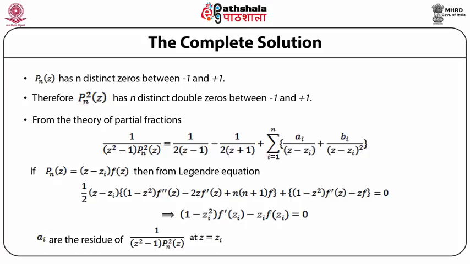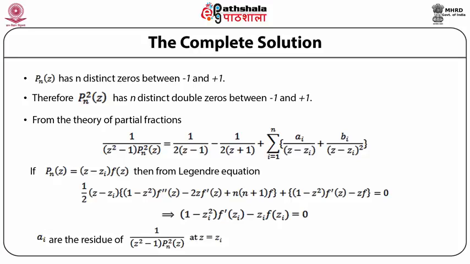If we substitute this in the Legendre differential equation, we find that f of z satisfies the equation 1 by 2 multiplied by (z minus zi) multiplied by within the brackets [(1 minus z square) into f double prime of z minus 2z into f prime of z plus n into (n plus 1) into f] plus within the brackets again [(1 minus z square) into f prime of z minus z times f] is equal to 0.